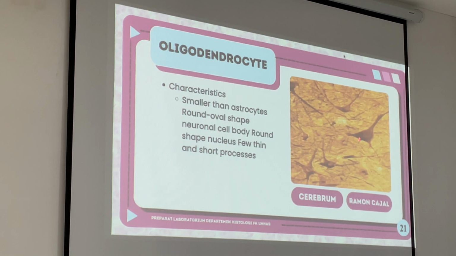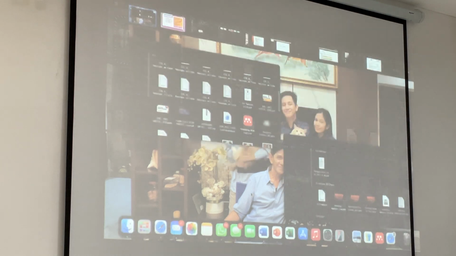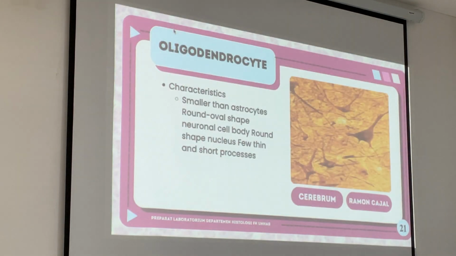In oligodendrocytes, the protrusions are fewer, only 3 to 4 protrusions of the dendrite.